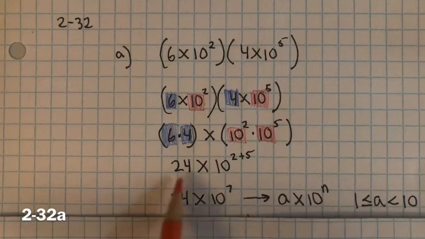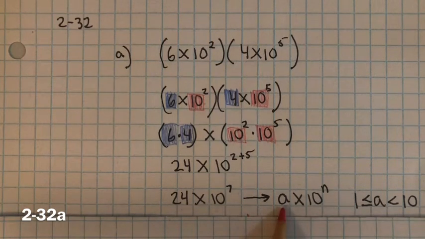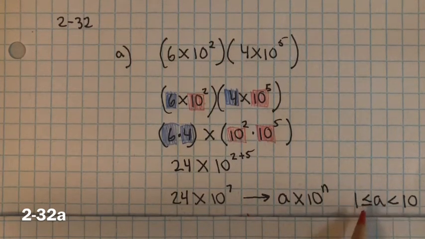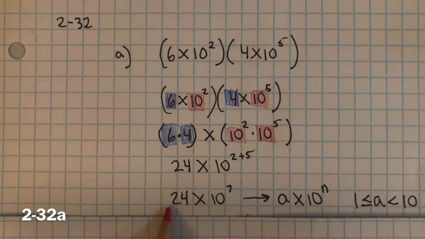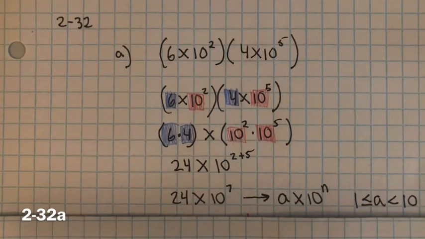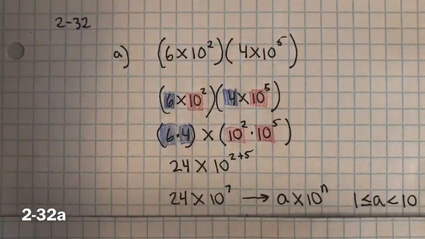Now, this looks like it's in scientific notation, but in order to be in scientific notation, the A term has to be greater than or equal to 1, but less than 10. Well, 24 is definitely greater than 1, but it's also greater than 10. So we have to decrease this value of 24.